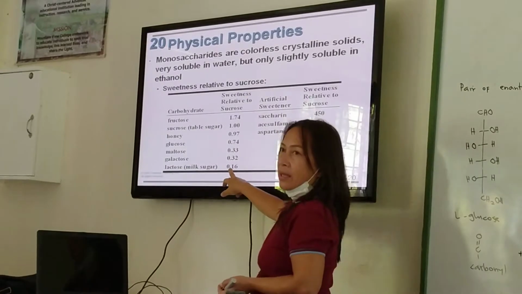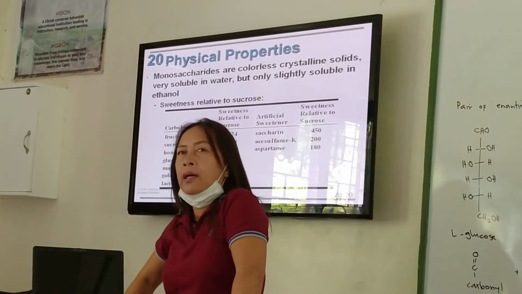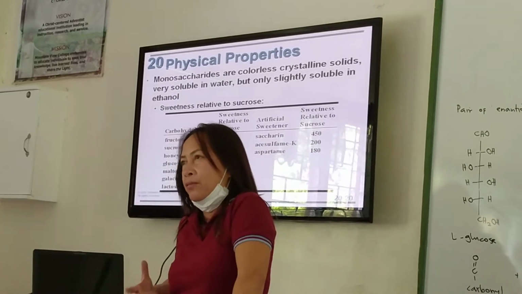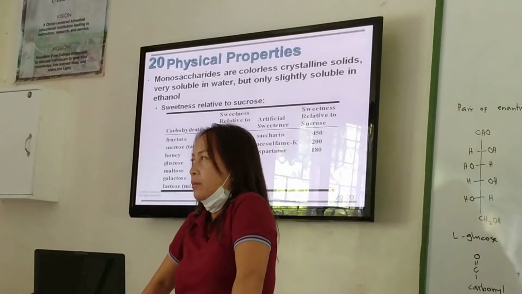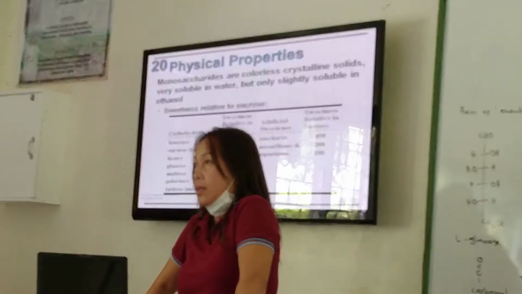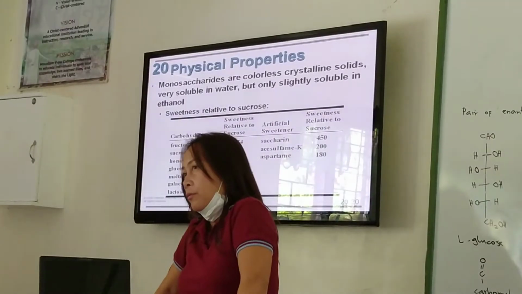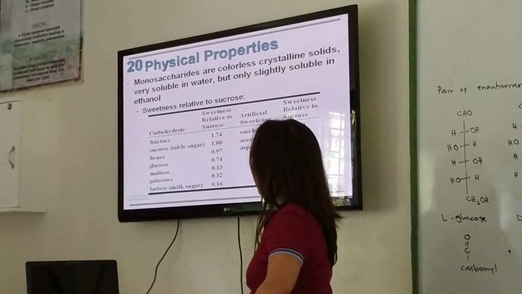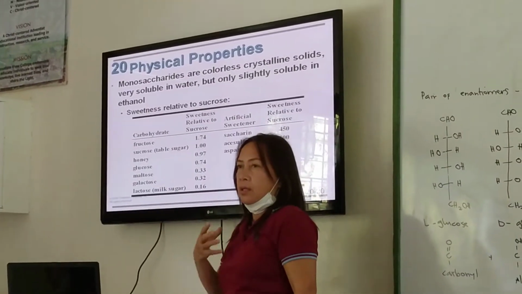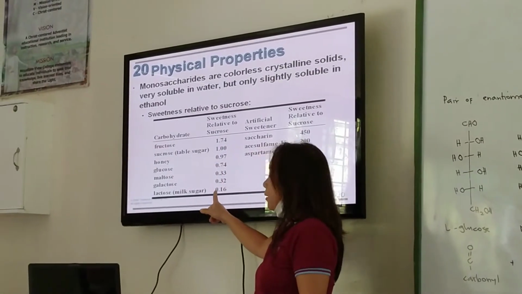It's 0.16 only. That's why some babies, when they are breastfed, and the mother gets sick and the baby tastes the bottle feeding of synthetic milk, sometimes they prefer the synthetic milk because it's sweeter than the mother's milk.